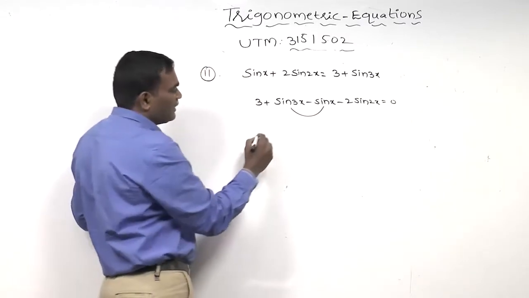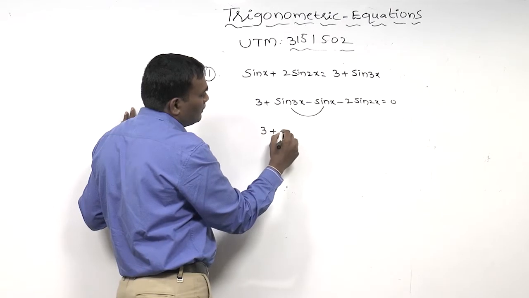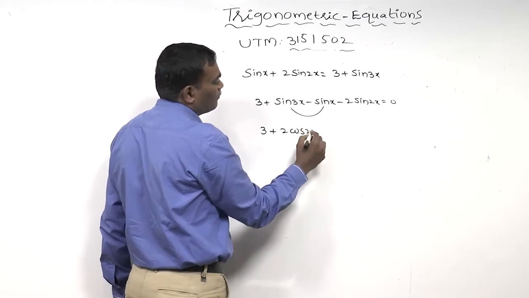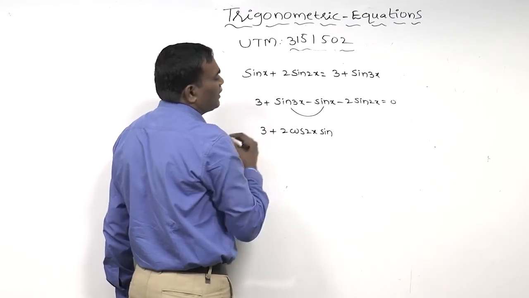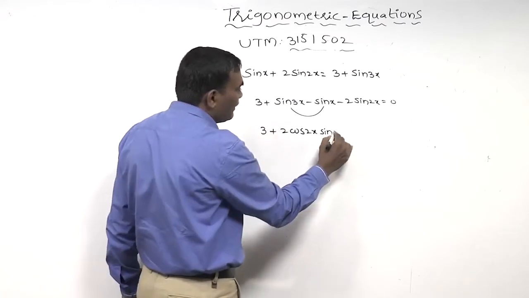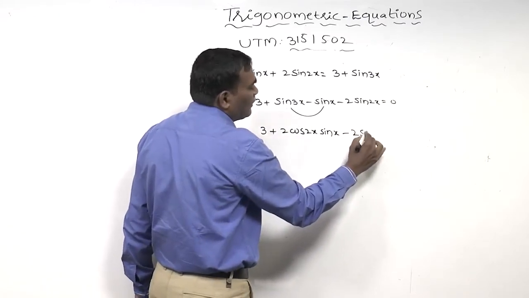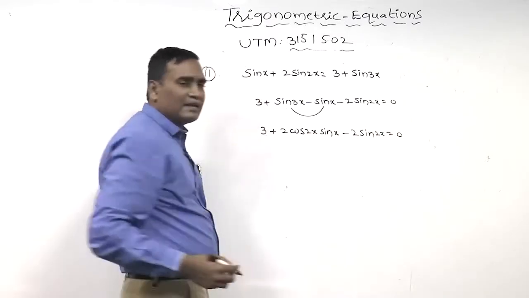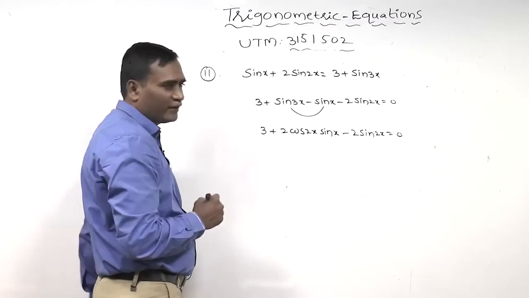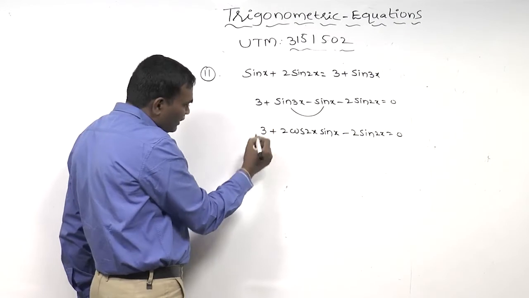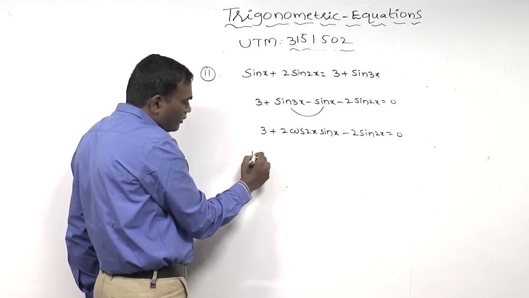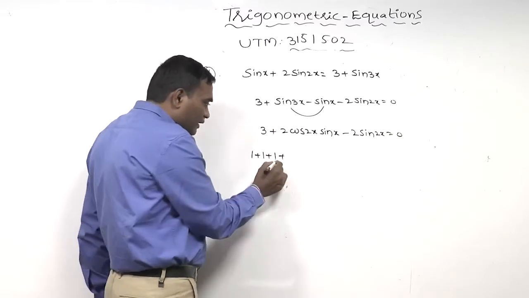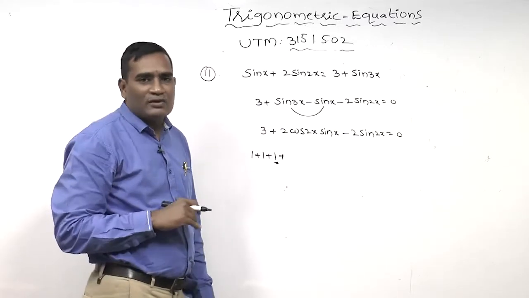What is the formula of sin c minus sin d? 2 cos of c plus d by 2 sin of c minus d by 2. 3x minus x, that is 2x by 2, minus 2 sin 2x is equal to 0. Here sin 2x, cos 2x and sin x are there. Here the simplification is different in this question. It is an interesting question. 3 we can write as 1 plus 1 plus 1, keeping the remaining as it is. Here I am writing one of the 1s in terms of sin 2x and cos 2x.